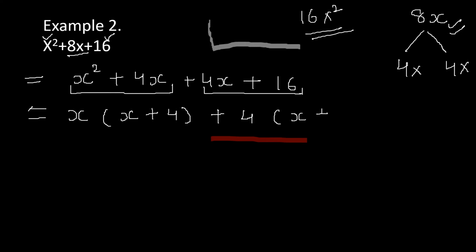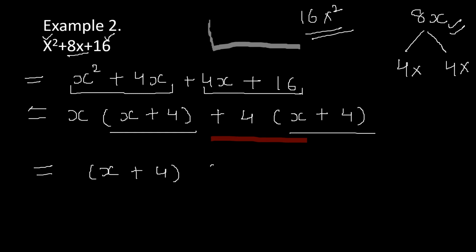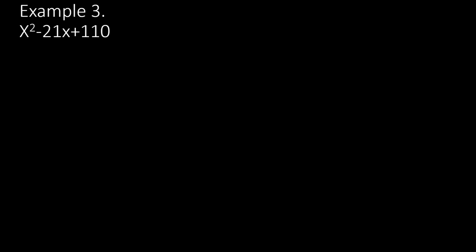So x plus 4. Now x plus 4 and x plus 4, these are common. So I can take x plus 4 out, and inside also x plus 4 is left. These are the two factors of this given quadratic polynomial.